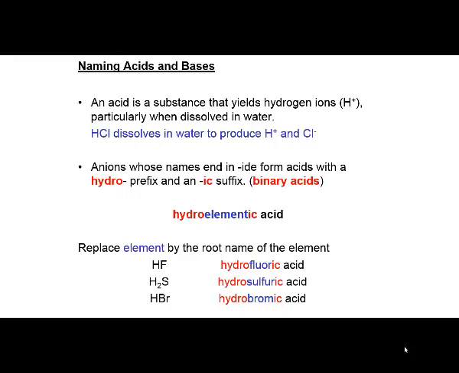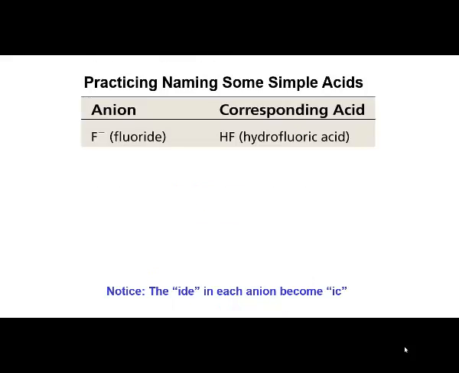So let's look at a table that summarizes some of the simple acids we should be able to name at this point. We've already seen hydrofluoric acid originating from the fluoride anion, but now we have an acidic proton at the first part of the formula. Now if we consider chloride as my root anion for the acid, we could have hydrochloric acid.